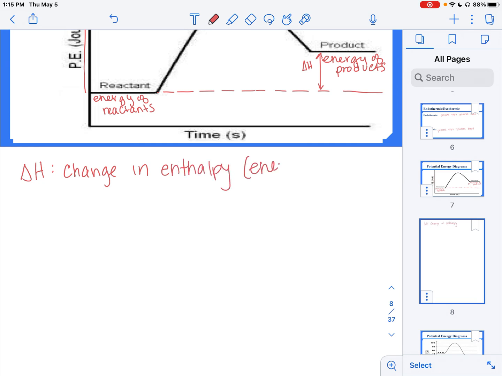And enthalpy is a form of energy. So delta H is always going to be equal to the energy of the products minus the energy of the reactants.